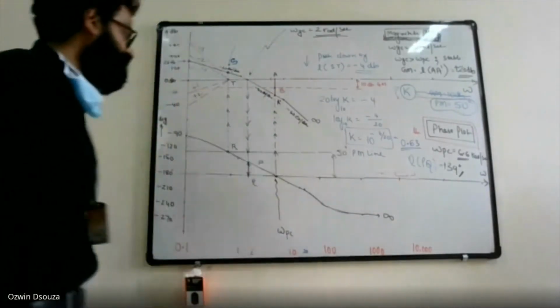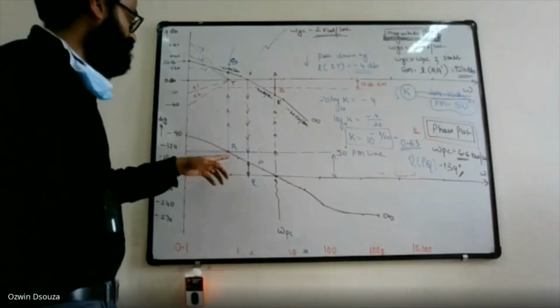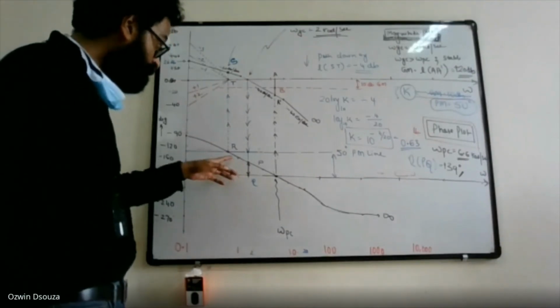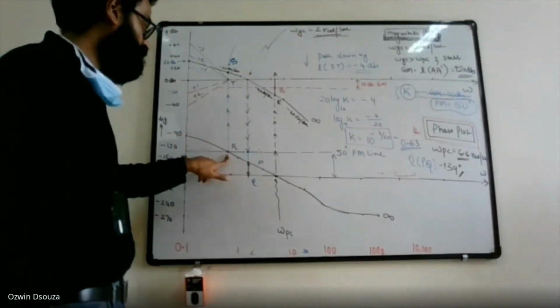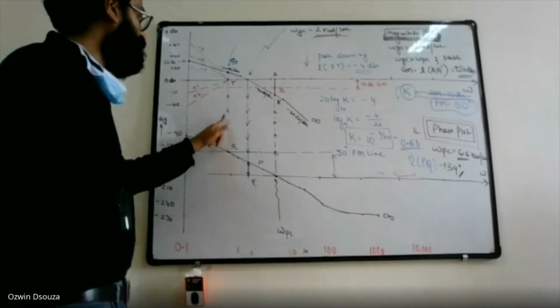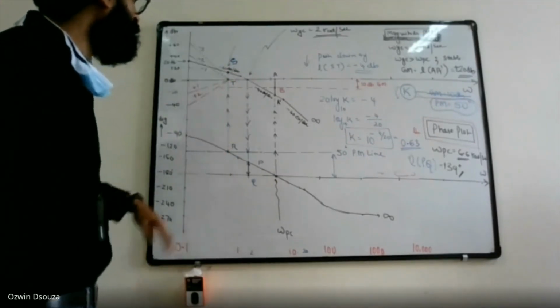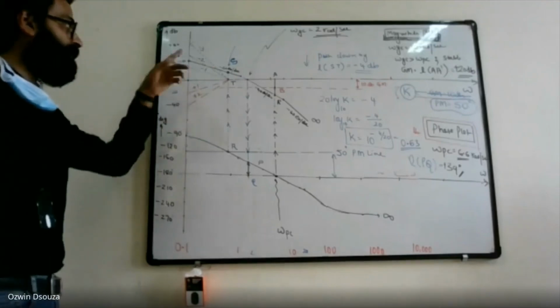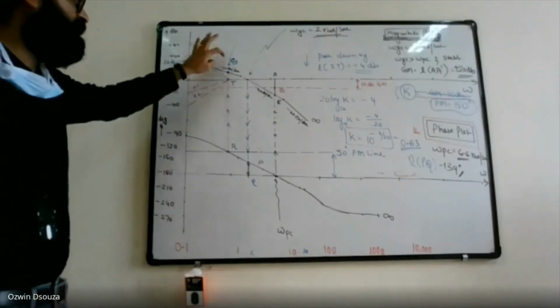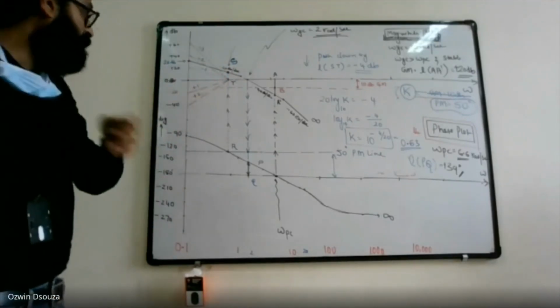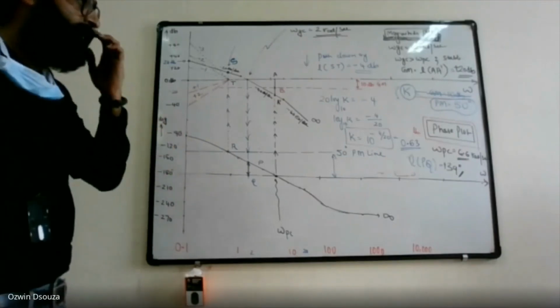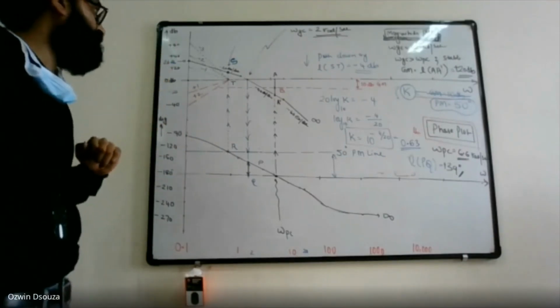Draw 50 degree line, and where it cuts the phase plot, that is at point R, draw a line vertically upwards, and that line will cut your magnitude plot at 2 distinct points, point S and point T. But to get phase margin, you should have gain crossover frequency.